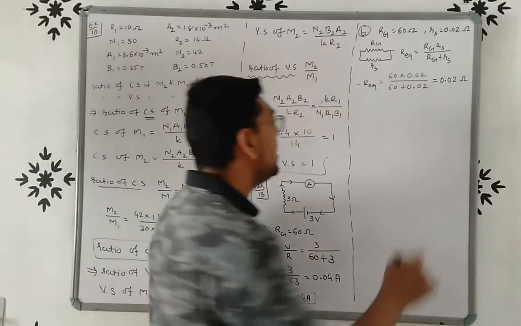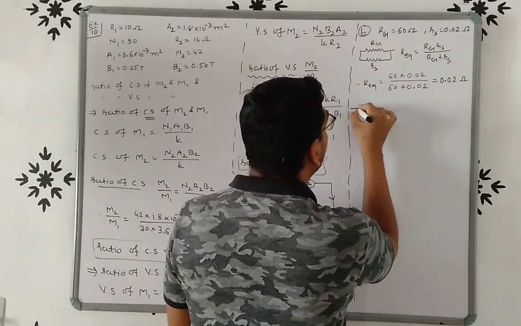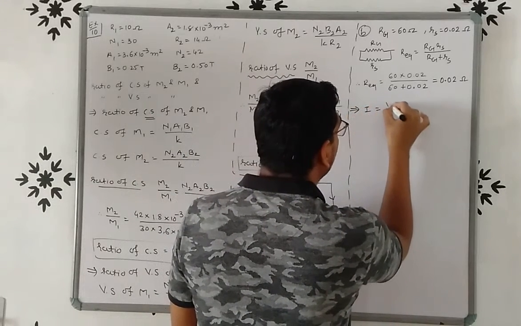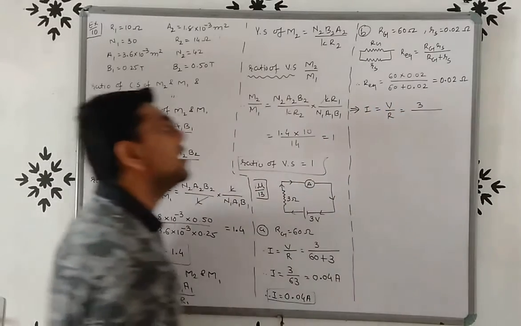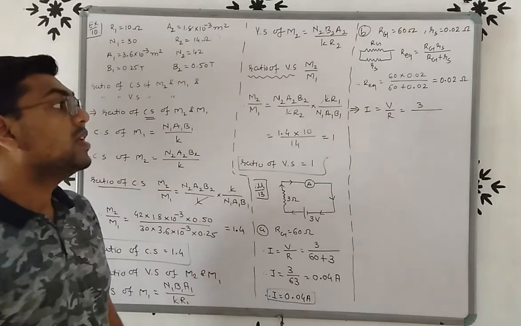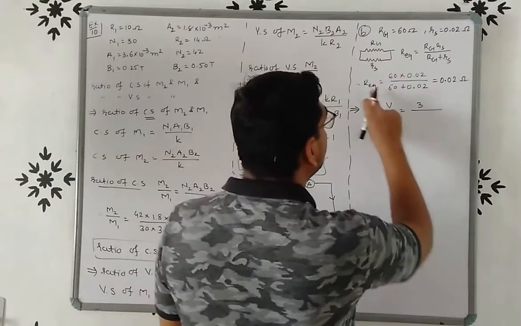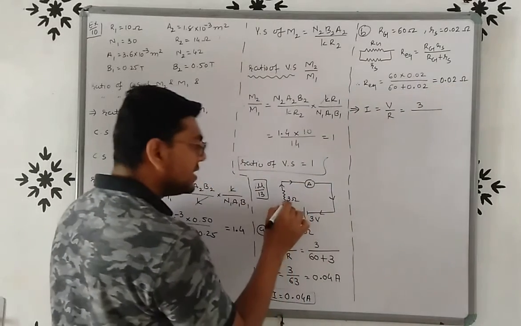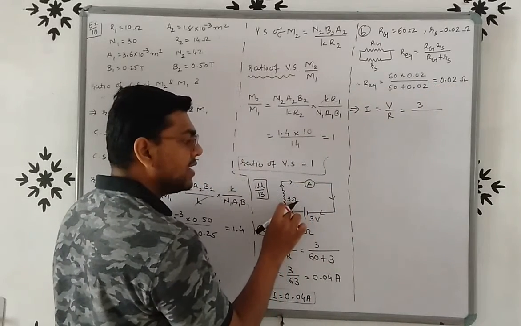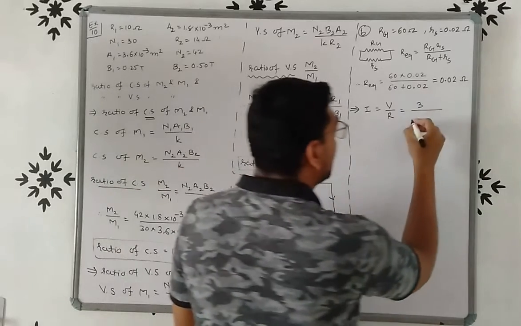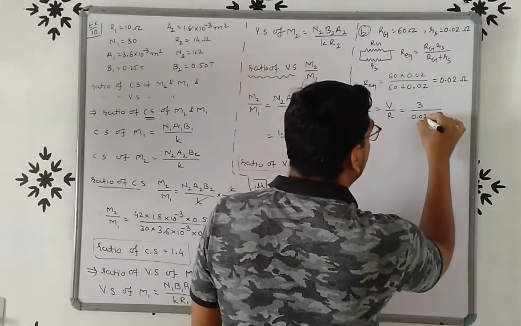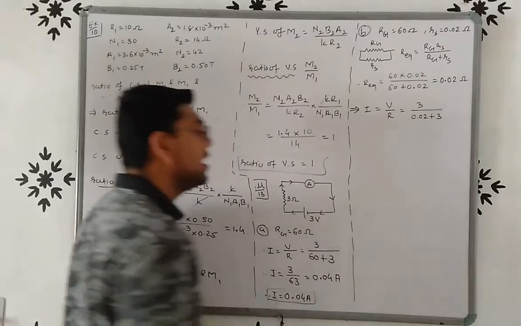Right? So here we have to find out current. So once again, I is equal to V by R. Value of voltage 3. Now here, this R equivalent will be in series with this resistor having a resistance 3 ohm. So total resistance 0.02 plus 3. Right?